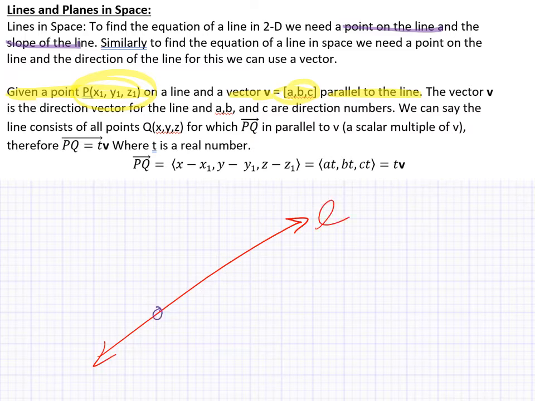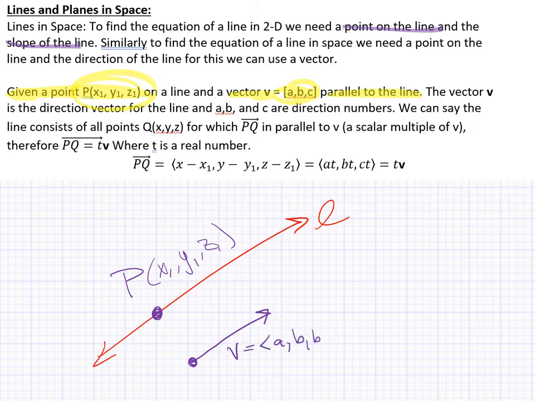We need a point on that line, say point P, that has coordinates x1, y1, z1. And we need a vector that's parallel to that line, and that vector would be vector A, B, C. If we have these two things, we can find the equation of this line, and this parallel vector is acting essentially like the slope of the line that we would have had in 2 dimensions.